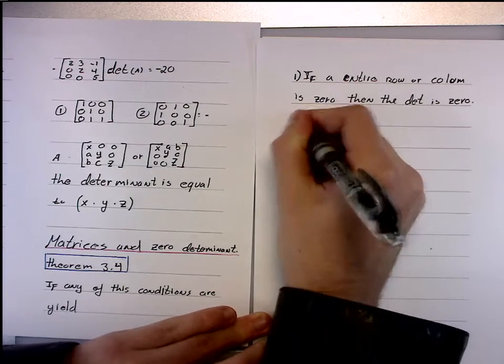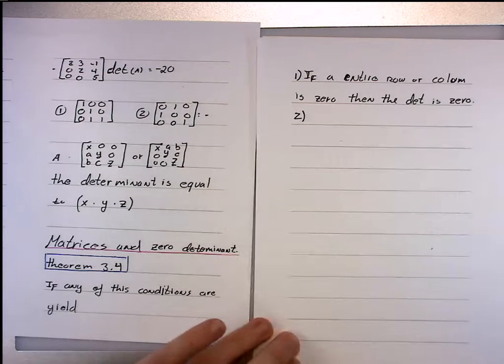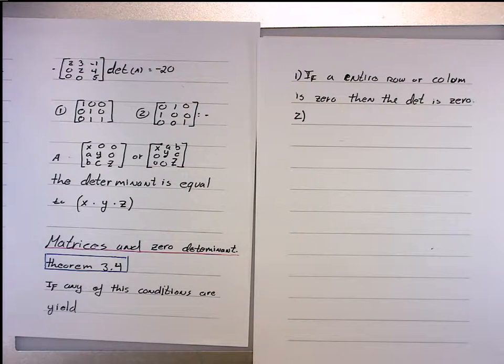So that's the first. The second one, if two rows or columns are equal, you're still going to get a zero. So even if you have a 10 by 10 matrix and just two columns or two rows are the same, you get a zero determinant at the end.